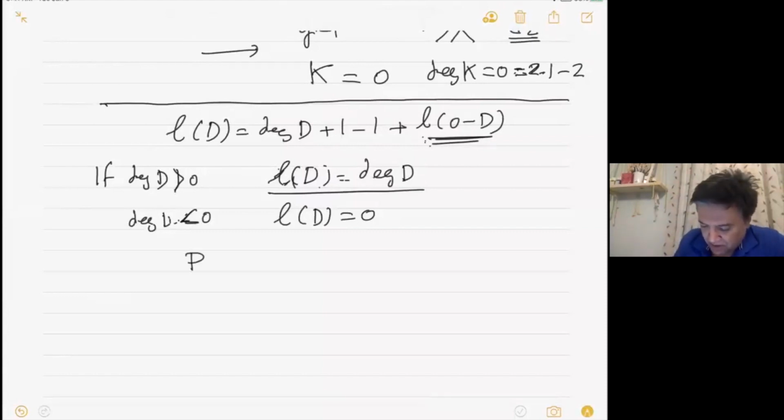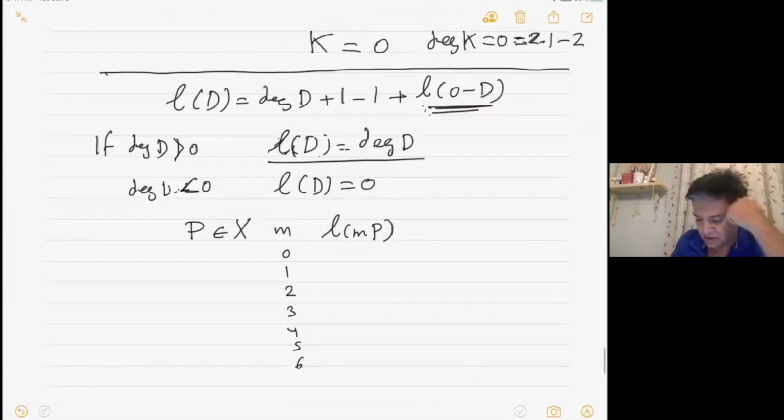You pick a point P inside X, and you look at L of NP for different values of N. For example, N equals 0, 1, 2, 3, 4, 5, and 6. Okay, so L of 0 is just 1 because constants. L of P has dimension degree 1, that's just 1 again. This is 2, this is 3, this is 4, this is 6.